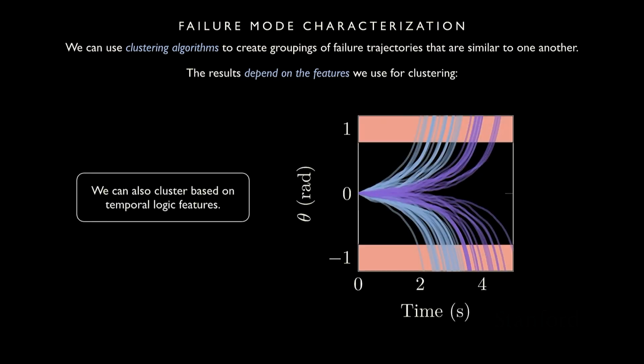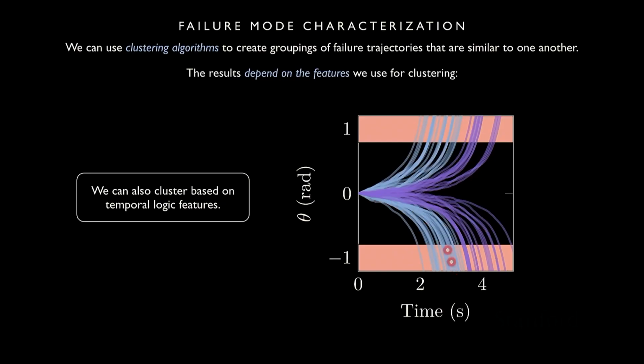Okay, and then lastly, another thing that's really cool that I'm not going to get super in detail on is that we can cluster based on temporal logic features. Like I said, everything you get out of this is really dependent on whatever features you throw into your clustering algorithm. But you can actually get really creative on the features that you do throw in there. So there's this thing called parametric signal temporal logic, which allows you to assign parameters to temporal logic formulas.